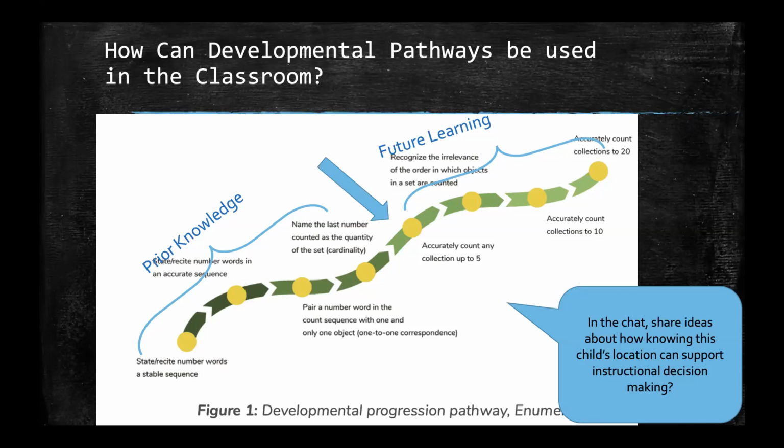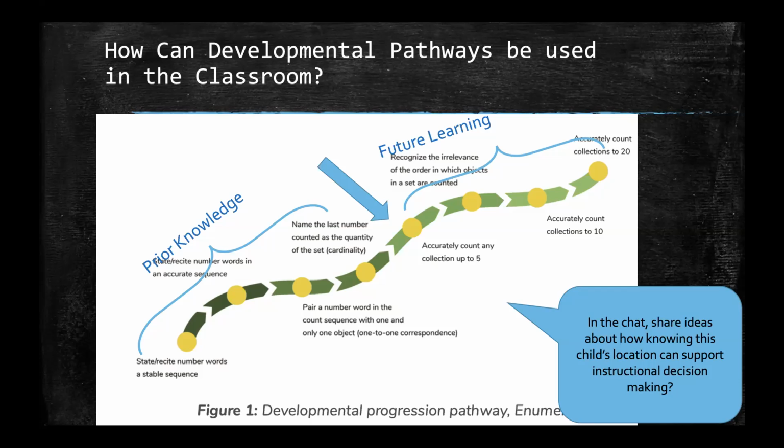So it doesn't have to be in a formal setting of instructional decision making. It can also be as you're interacting individually with children, in a play setting, or even in small group instruction.